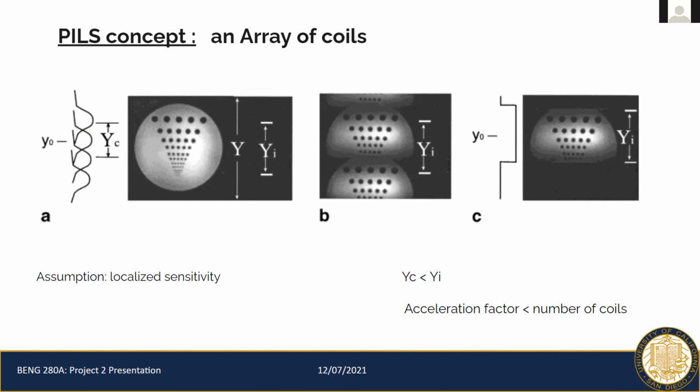So we have a limit here, YI, the FOV that we want to image. It cannot be less than the range of YC, because if it's less than that, then we break the Nyquist rule and it will result in aliasing. So YC is always less than YI, so our acceleration factor always has to be less than the number of coils we have.